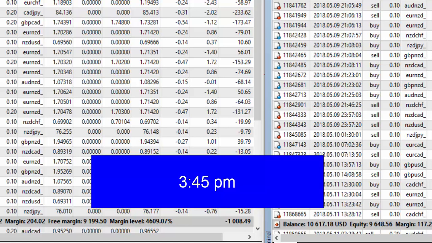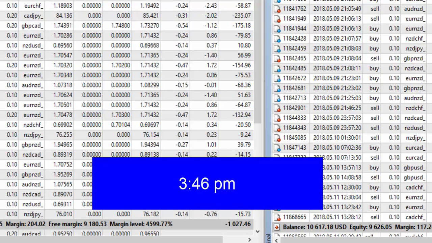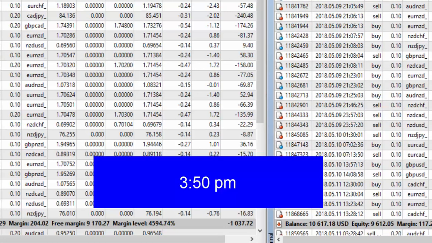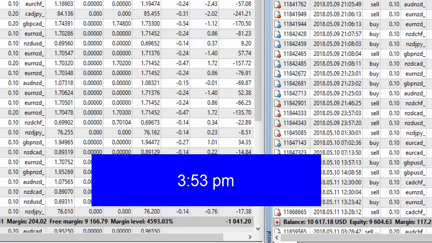After that, I made continual screenshots, about one every 30 seconds or so, as I saw changes in the PL. At 3:46, the balance was negative 1,027. At 3:48, 1,030. At 3:50, it jumped up to 1,037, and then 1,041 at 3:53.